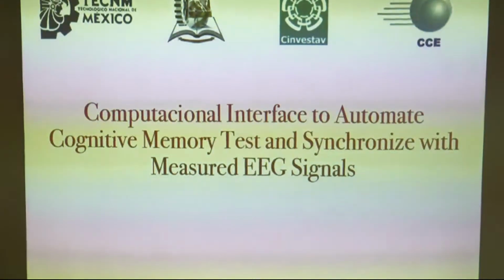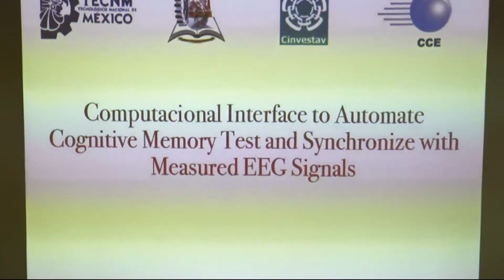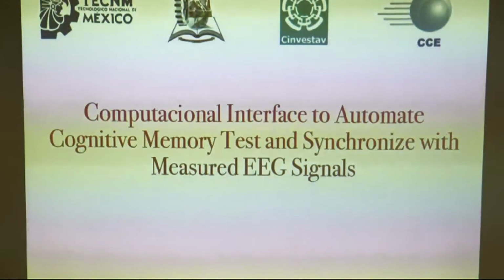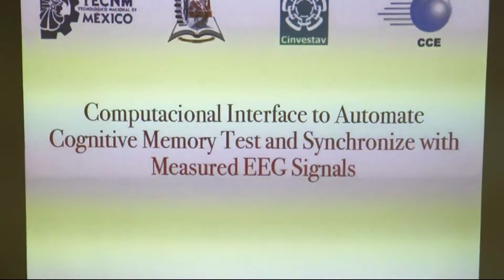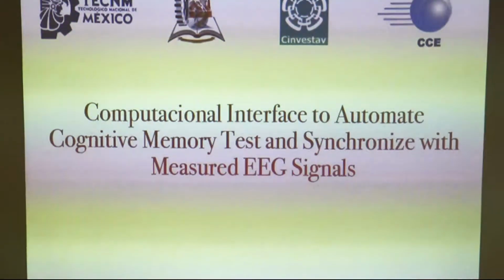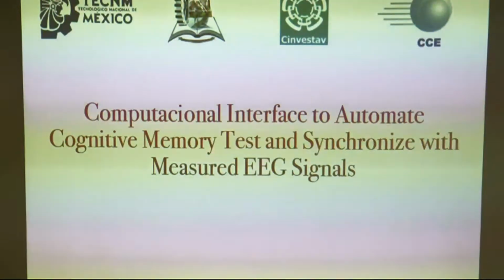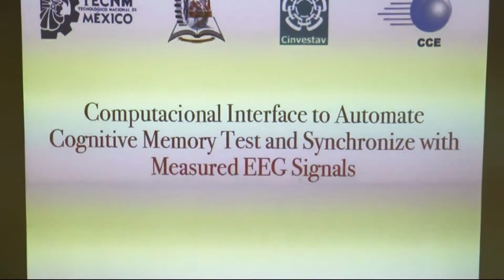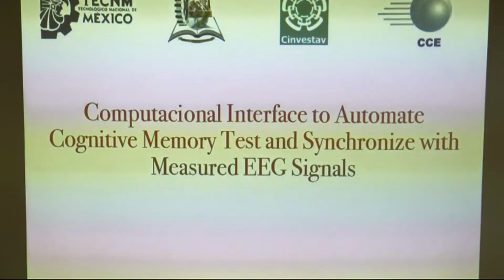The third talk is a computational interface to automate cognitive memory test and synchronize with measured EEG signals. And the speaker is Fanny Zavala Santoro. Thank you very much. Good morning, scientists and assistants.